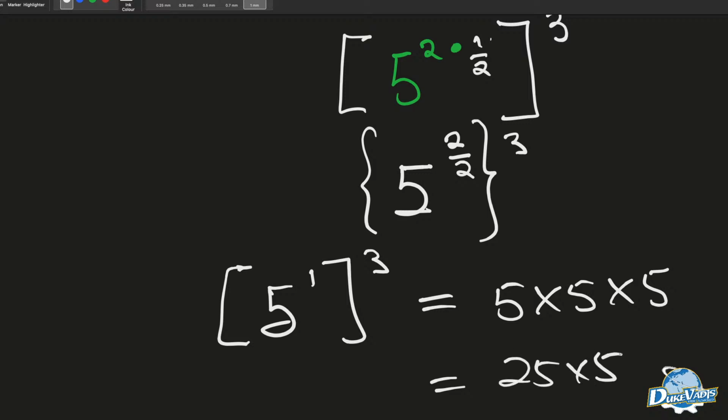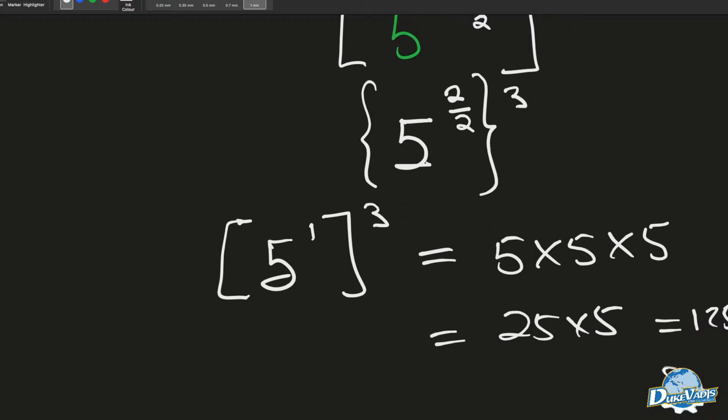If your math is good, you will see that 25 times 5 gives us 125. Bear in mind, this would not be the answer. Our answer will be 1 over 125.